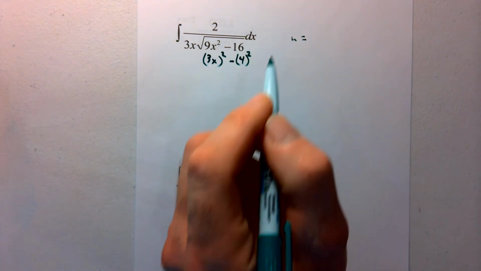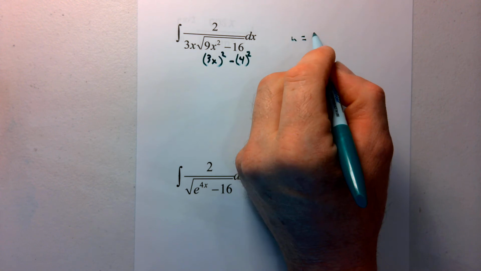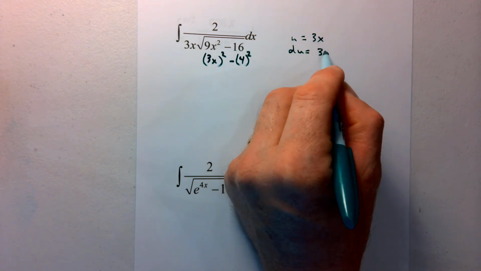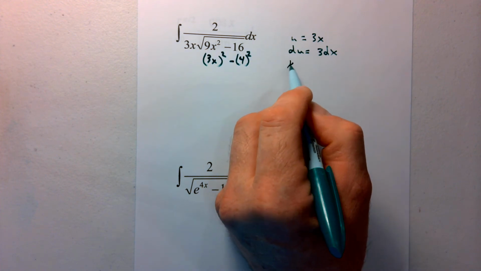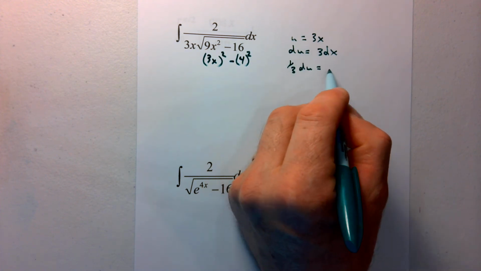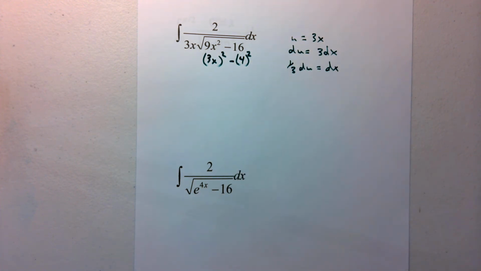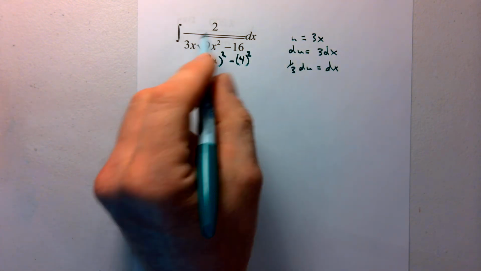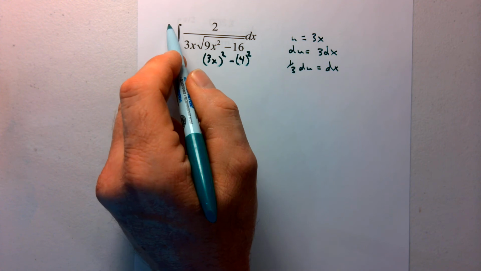So what I'm going to do is bring a u in as being 3x. And then my du is going to be 3 dx. So I have a 1/3 du equals dx. Now I can do my substitution. So I can bring my 1/3 in. I have this 2 that I can bring out.